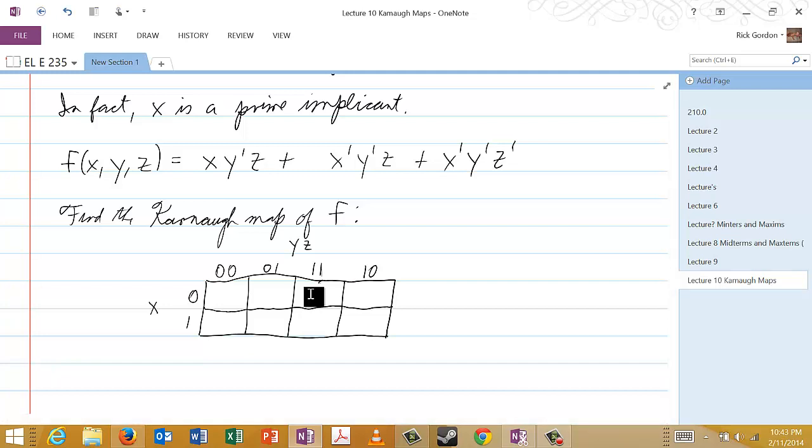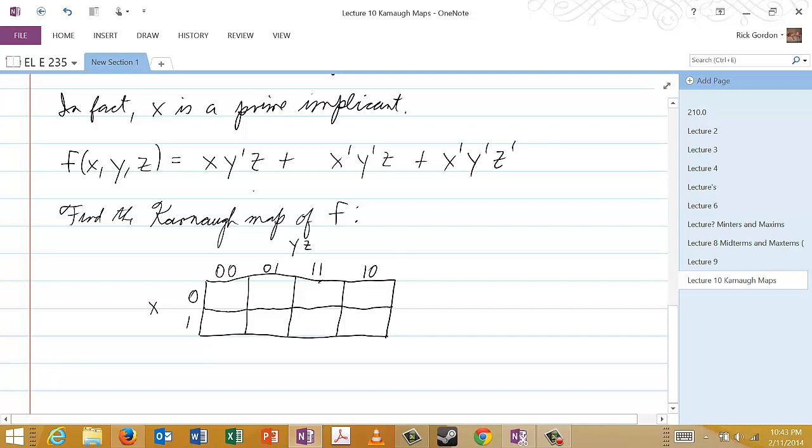Or in other words, if you think of joining the top to the bottom, that would give you a tube, and then if you connect the two ends of the tube, you have a donut. So this is actually a donut, or some people call it a torus type of structure. But just remember that the top edge is connected to the bottom edge, and the right edge is connected to the left edge.